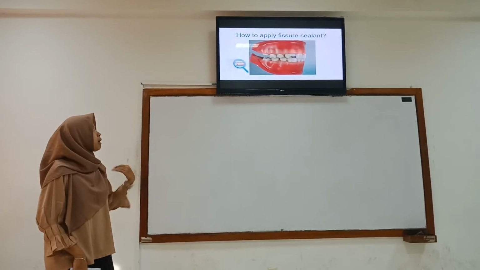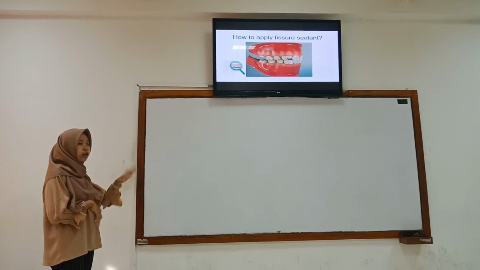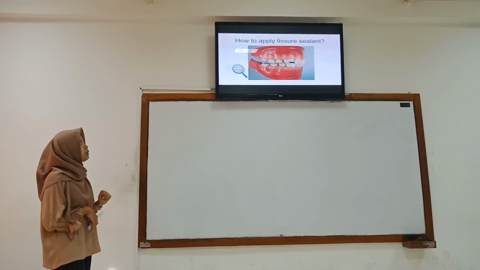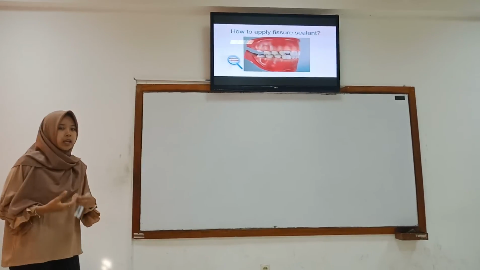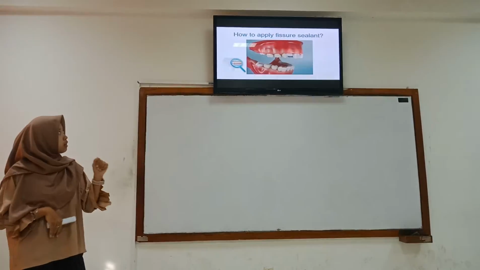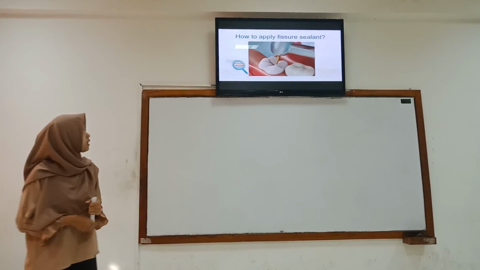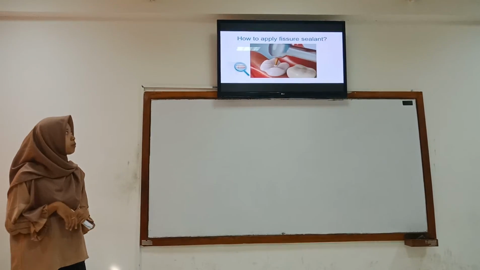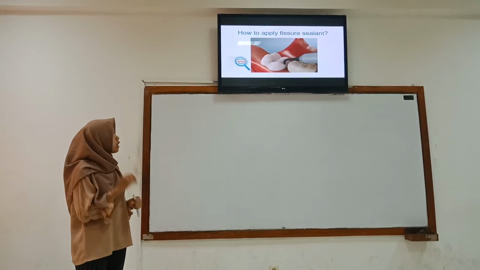How to apply fissure sealant? I have a short video about applying fissure sealant, so I can explain. First, we clean the pits and fissures with a brush and dry.